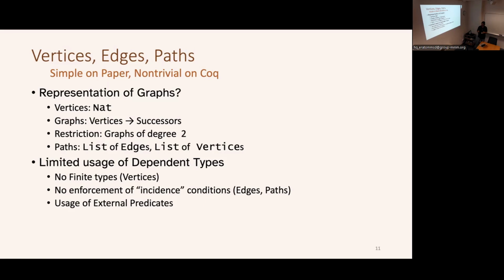And instead of putting these facts in the type itself, I wrote external predicates saying that these are the things that my path satisfies. So when I was reasoning about a path, this information was conveyed with the help of an external predicate rather than being packaged into the type itself.